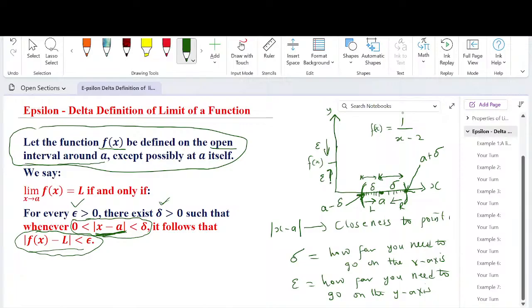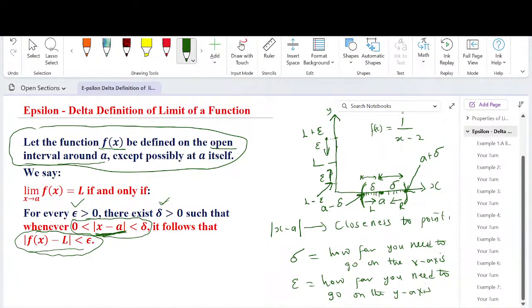Let's say we are coming from this point here, and we're also coming from this point here. Instead of f of x, I can put the limit here, L. So this will be L minus epsilon, and this will be L plus epsilon. That is what we need to take note of here.